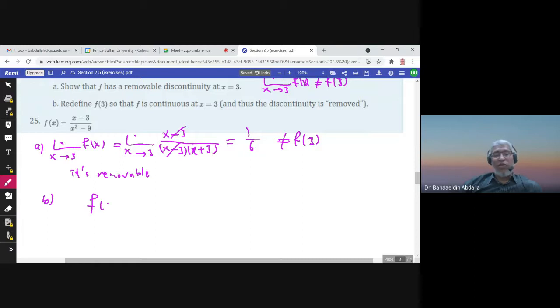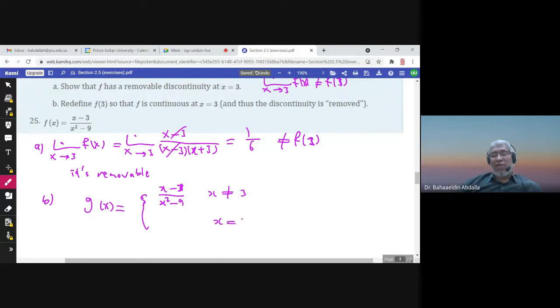So I'll make it continuous by defining a new function. Let me call it g of x. I'll define g of x to be equal to f of x, which is x minus 3 over x squared minus 9, when x is not 3.